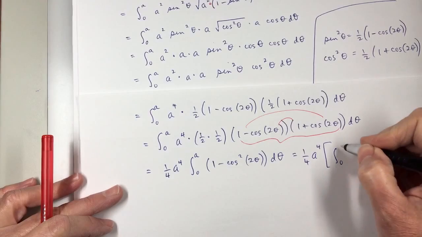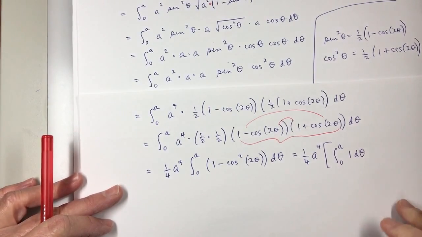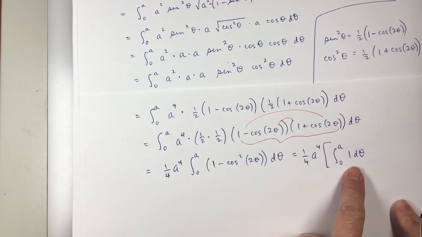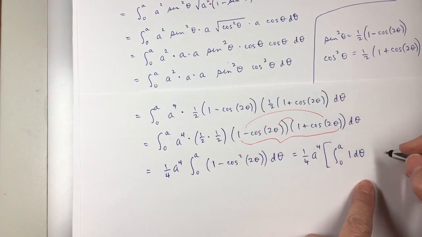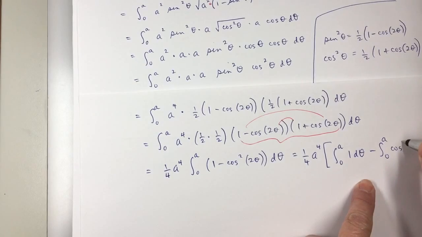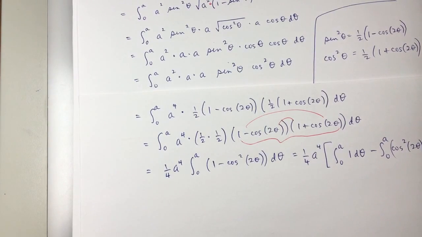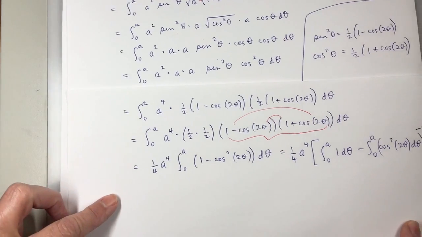The integral from 0 to a, remember 0 to a, those are values for x. So 1 d theta minus the integral from 0 to a, cosine squared 2 theta, d theta. Well, I didn't need parentheses, but all right, I put them. All right, so I got that.